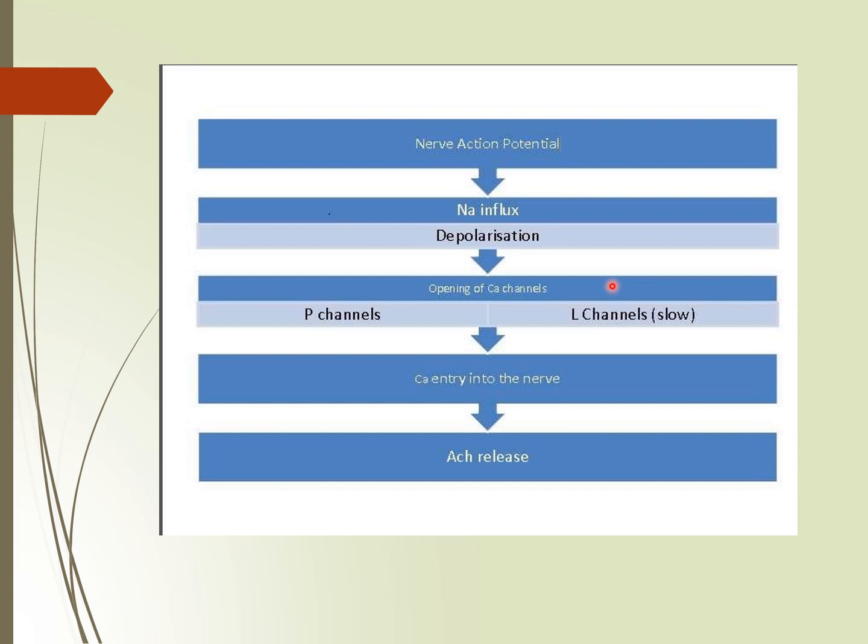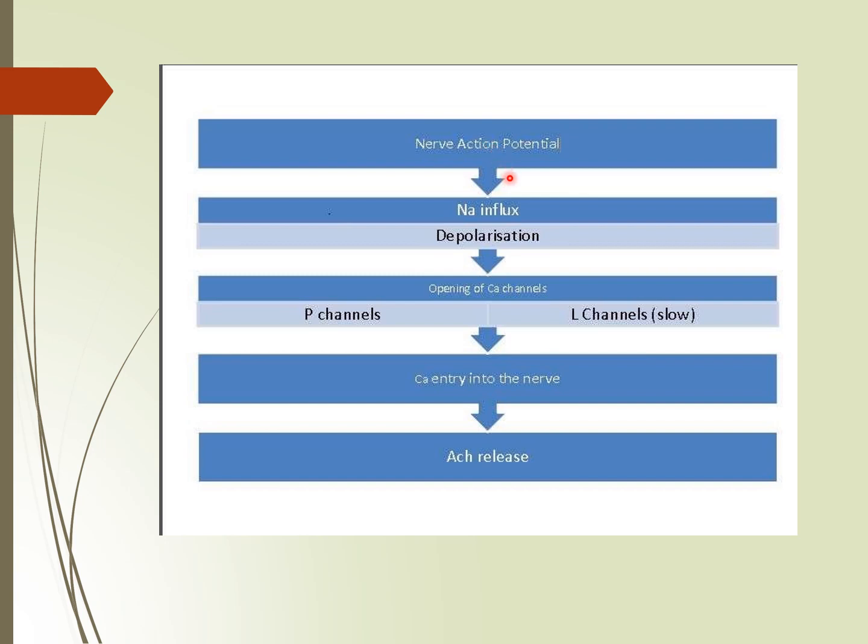Now this is a picture showing the sequence of events taking place at the neuromuscular junction during nerve impulse transmission. When the nerve action potential reaches the presynaptic nerve ending, it causes sodium influx.